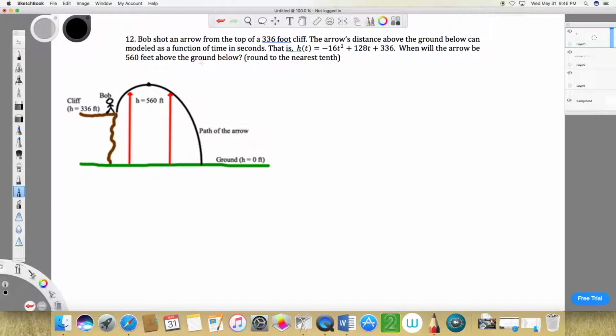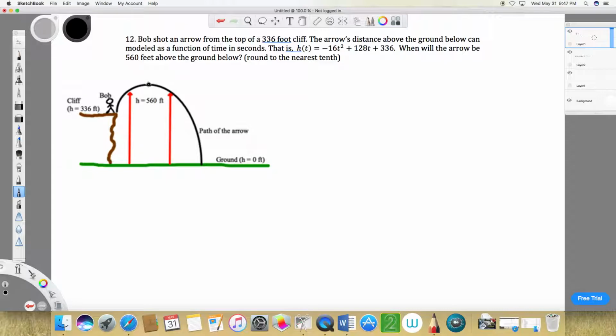But I think it's probably more likely that after Bob shoots the arrow from the top of this cliff that's already 336 feet in the air, at some later time, maybe 1 second, 2 seconds, that arrow is going to be traveling upward, and its height above the ground is going to be 560 feet.